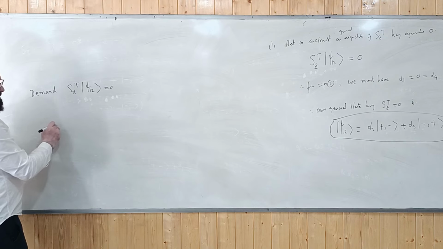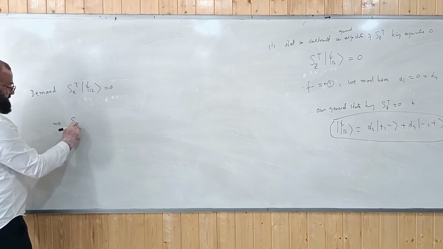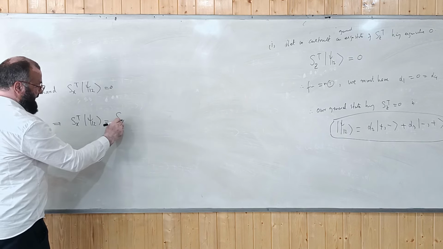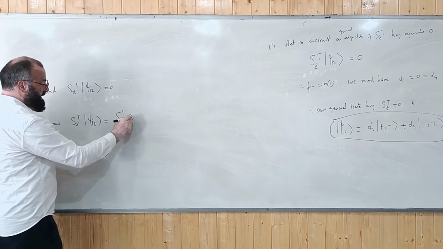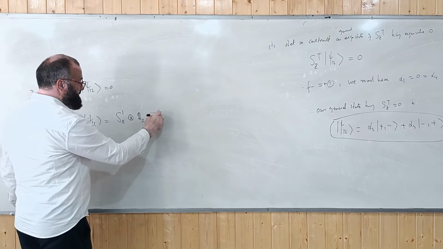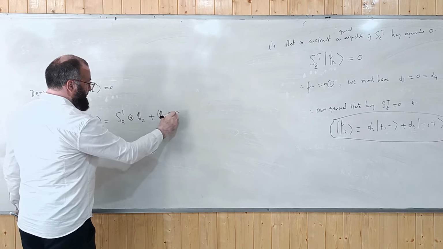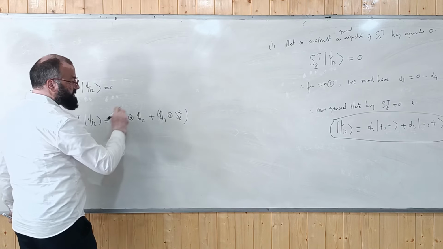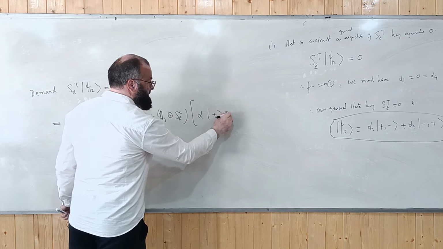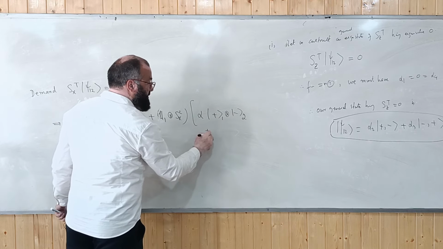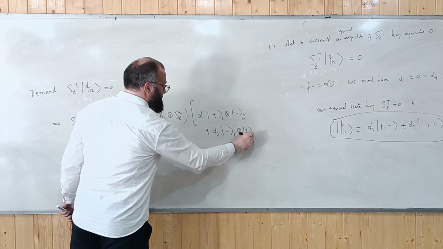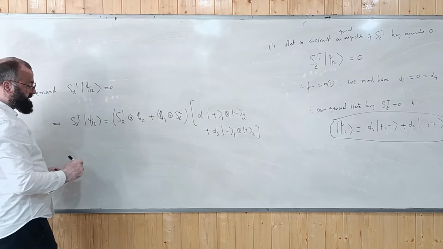Sx total acting on psi 1, 2 will be Sx1 tensor I2 plus I1 tensor Sx2, acting on alpha 2 plus minus plus alpha 3 minus plus. Everybody is following it?